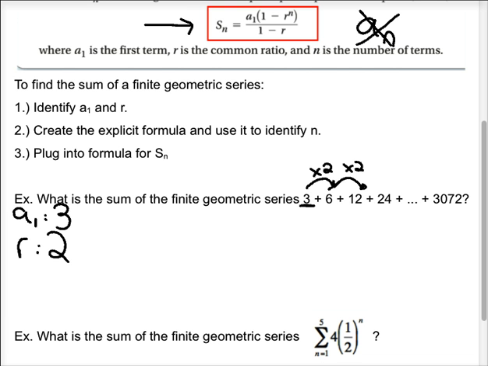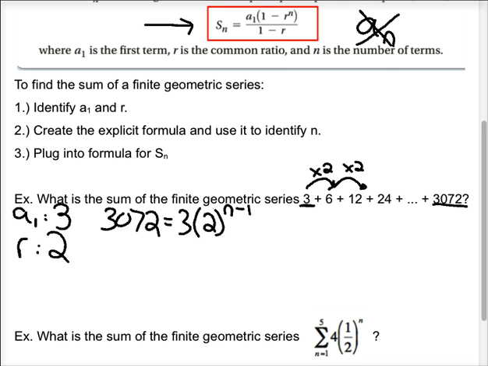All right, so I'm going to construct the explicit formula so I can identify n. Because here I'm going all the way up to the last term. So I'm going up to that 3072. Let's see how I'm getting there. Well, again, the explicit formula says A1 times R, which is 2, to the n minus 1.